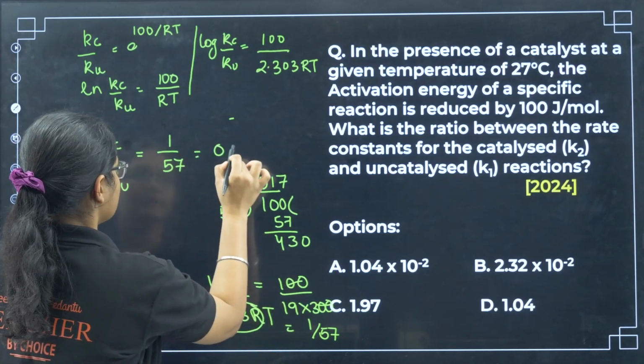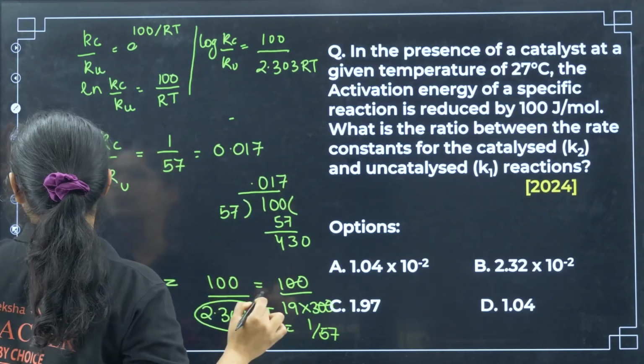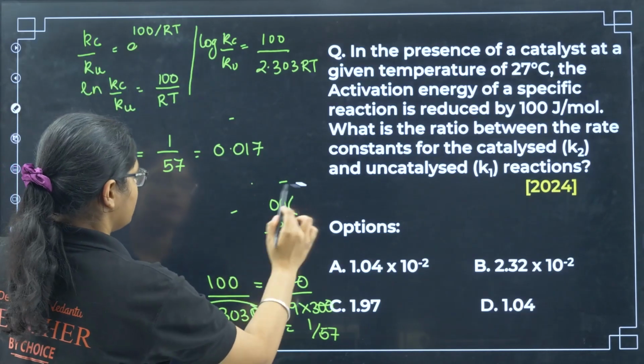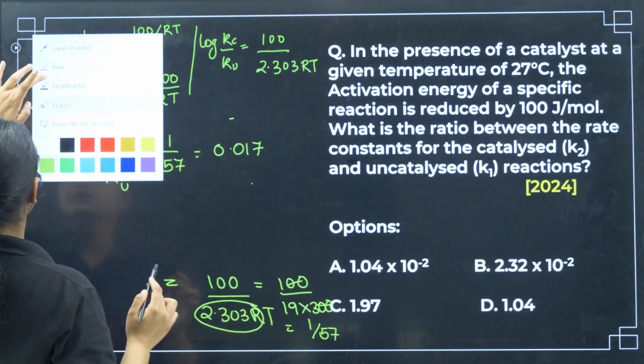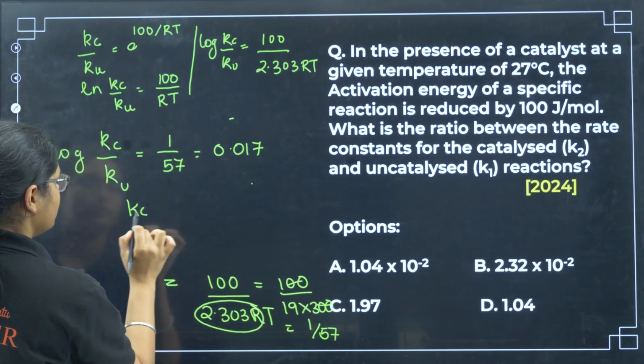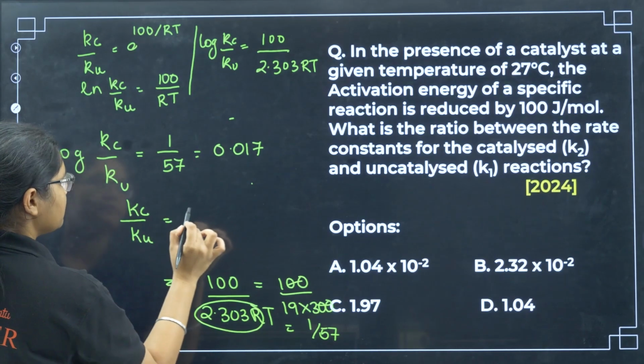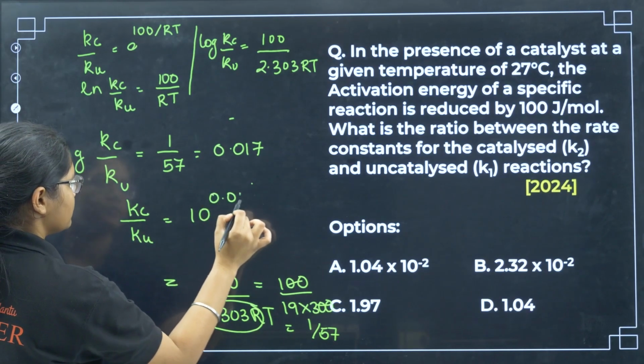Next, I want to find Kc by Ku, right, as I said, that will be equal to 10 to the power of 0.017.